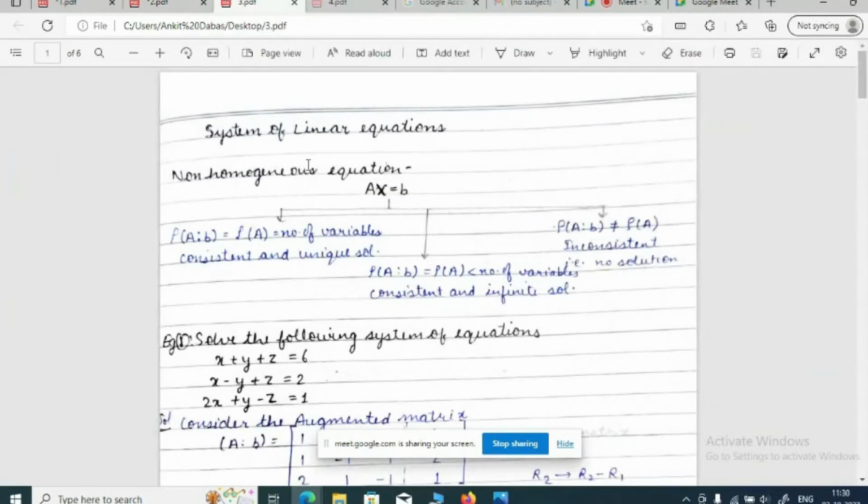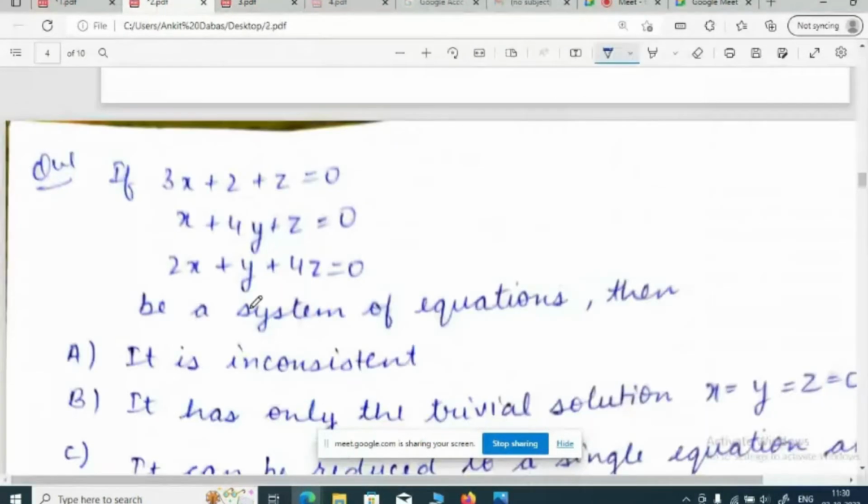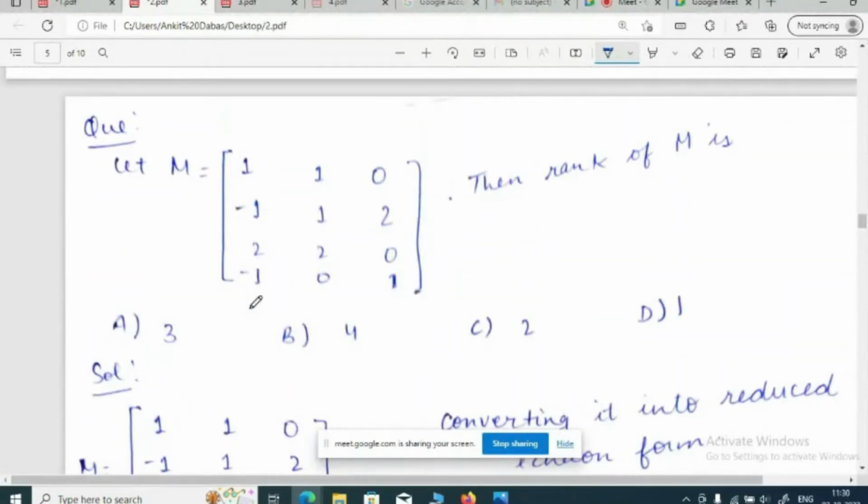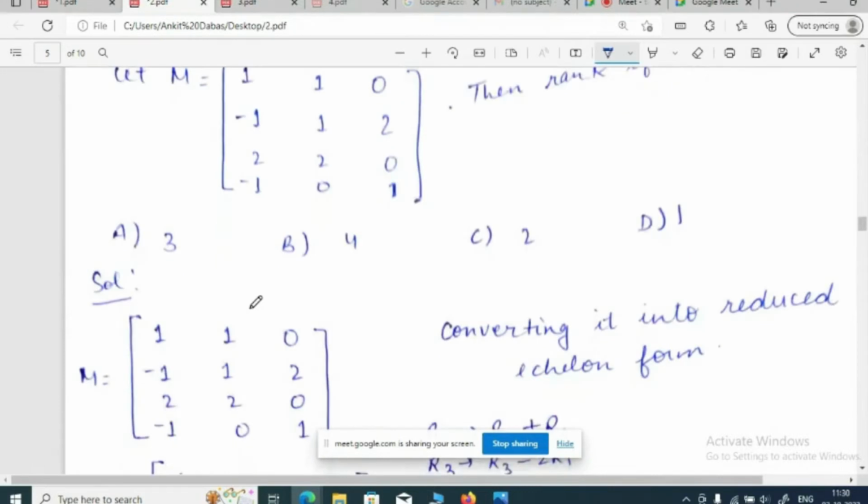Okay, let us now move to system of linear equations. If M is a given matrix and we are asked to compute the rank of M, this is again the same thing.